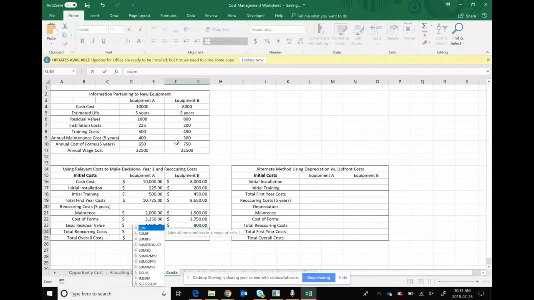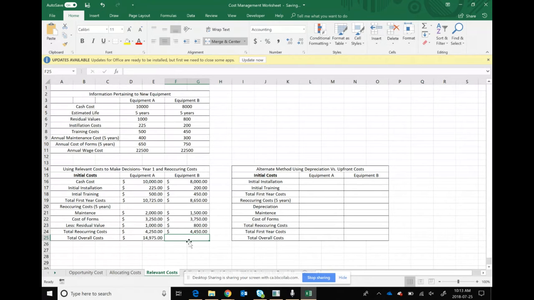So we get a total recurring cost of the maintenance plus the cost of forms minus the residual value of $4,450 over the next 5 years. If we add up the initial cost and the recurring costs, we get $13,100.